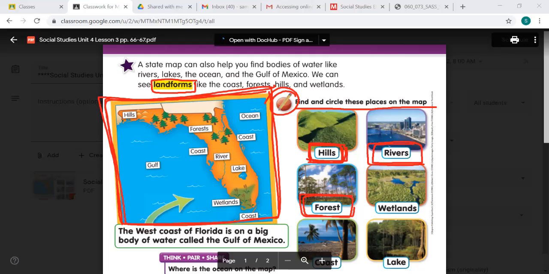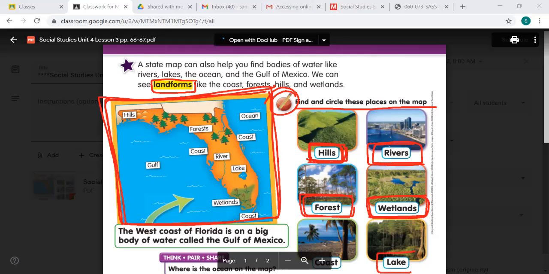That's a landform. So look on the map for forest and circle the forest. Next we have wetlands. Wetlands. Look at that map and circle it.